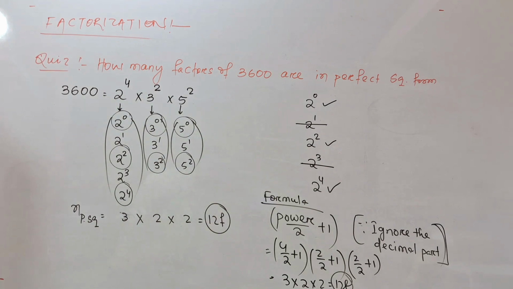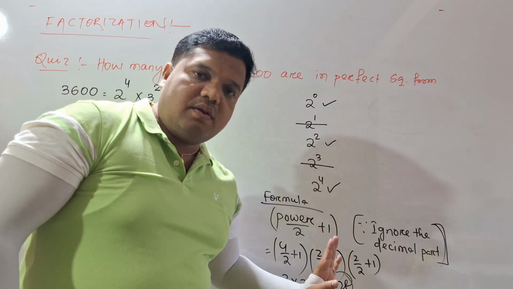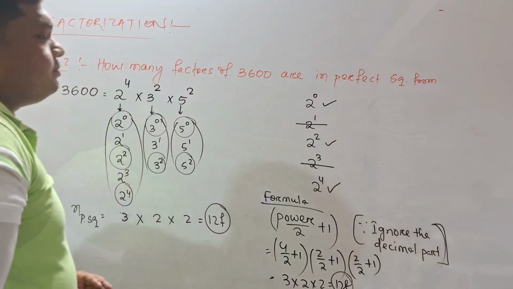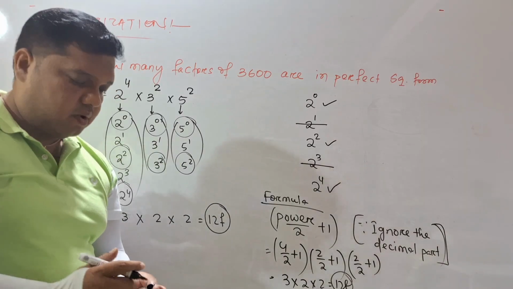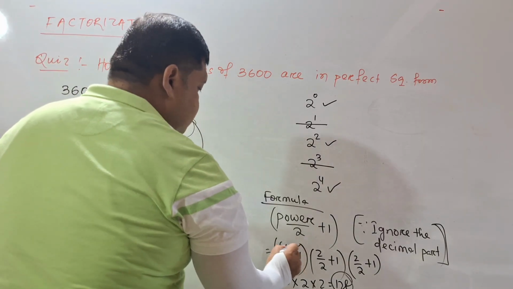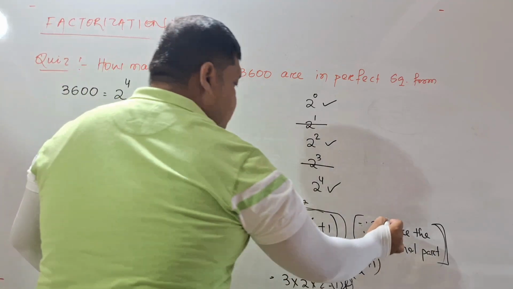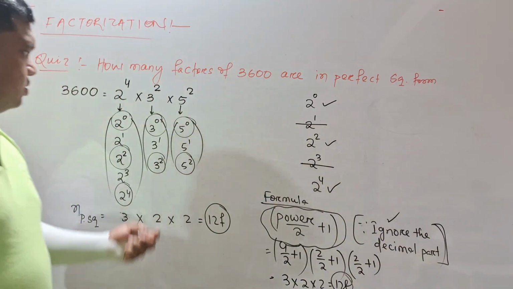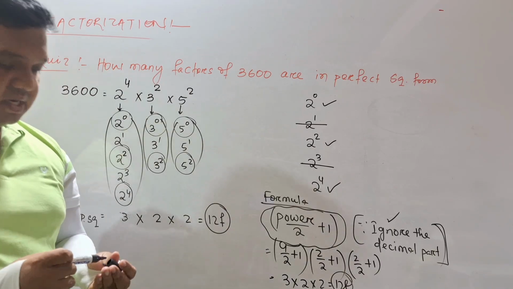Okay, I will read it: 3 into 2 into 2, this is 12. Just note it down. Any doubt? So 12 factors are in perfect square form. For perfect square form, this is the formula. You just remember the formula, and in this method, ignore the decimal part. Otherwise, if you want to draw the structure, it is very easy. Consider the even powers. Done.